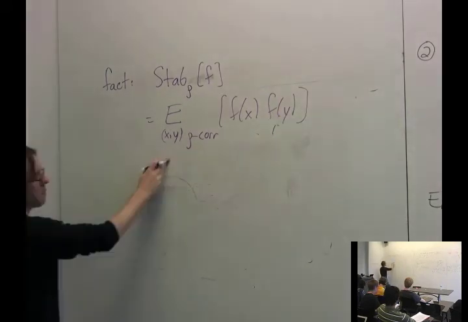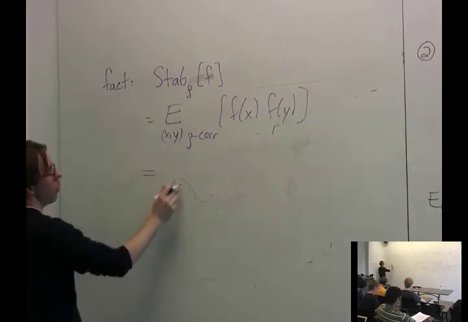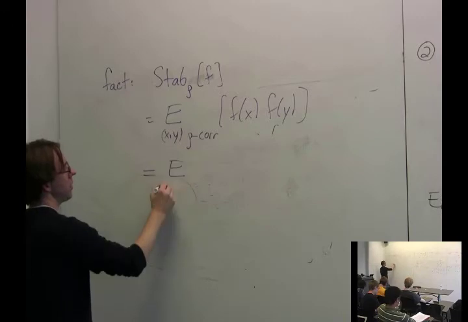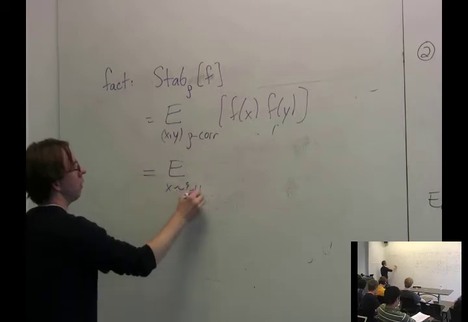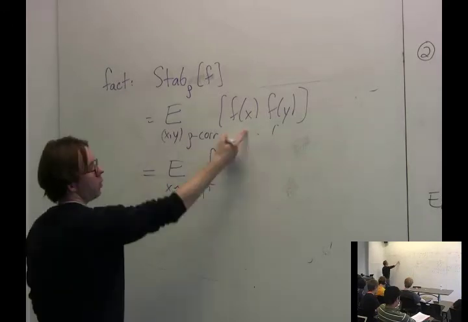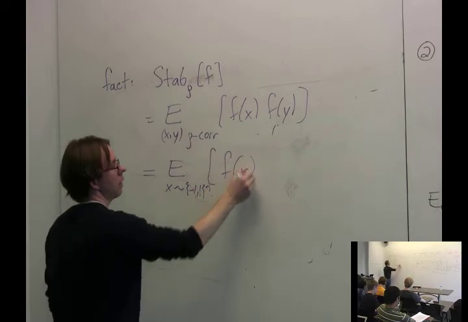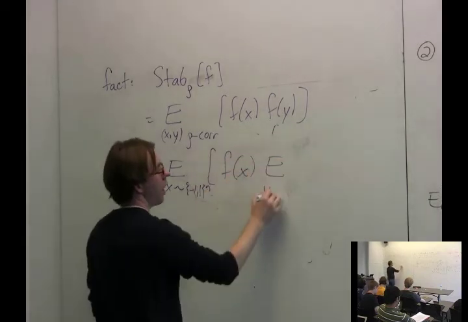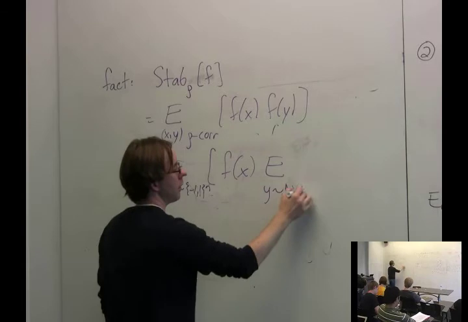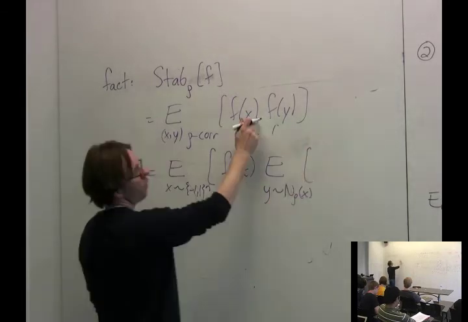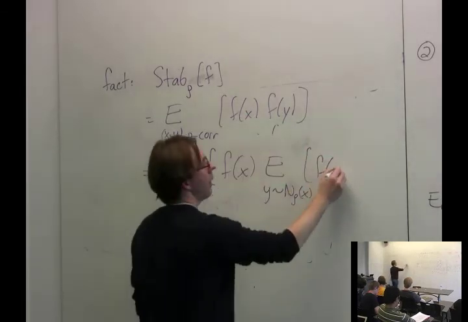And let me just break up this experiment of choosing x and y into two parts. First I'll pick x uniformly at random. At that point I know f of x, so I'll stick it here. And then the second part is to choose y, rho correlated to x. What's left over inside this expectation is f of y.